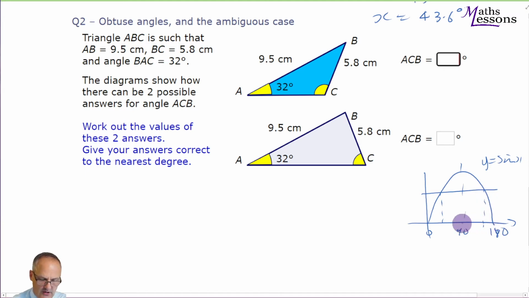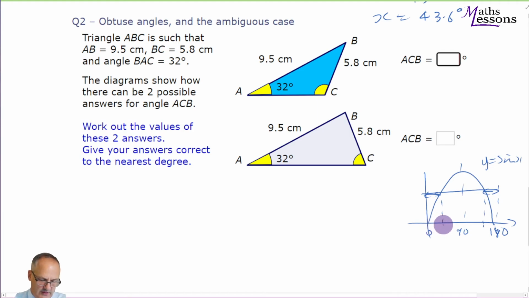So you could have an angle between 90 and 180 with the same sine as an angle between 0 and 90. And this is a symmetrical curve, so this distance is the same as this distance in theory.